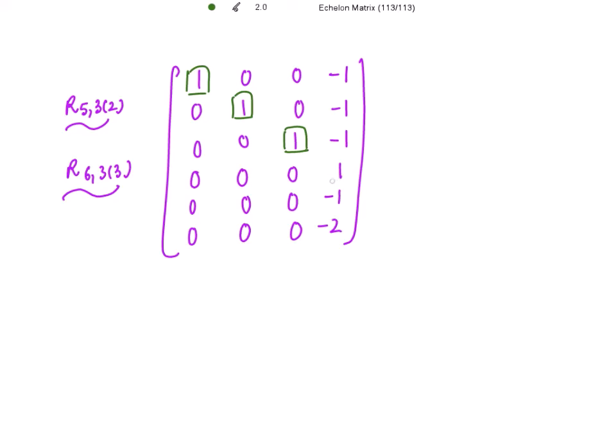For the fourth row, I'm having the leading entry as 1. To make this a leading element, I need to make all these 3 to be 0 and also all these 2 to be 0. For that, I need to multiply row 4th by 1 and add its elements to row 1. Similarly, multiplying the same row by 1 and adding its elements to row 2 and also adding its elements to row 3.